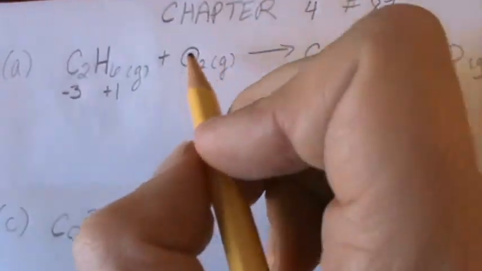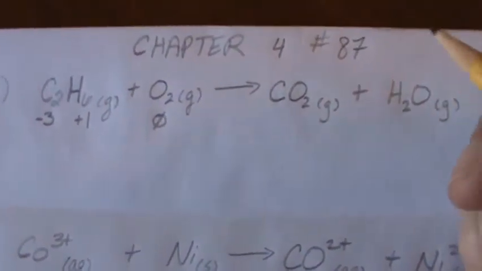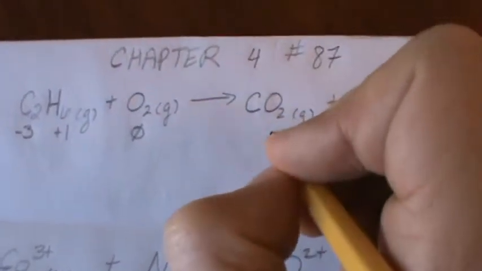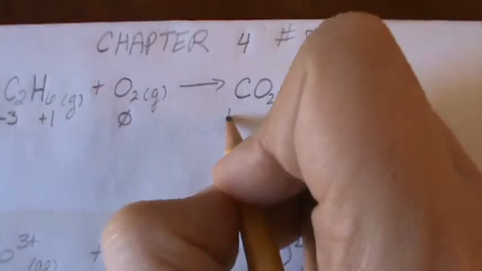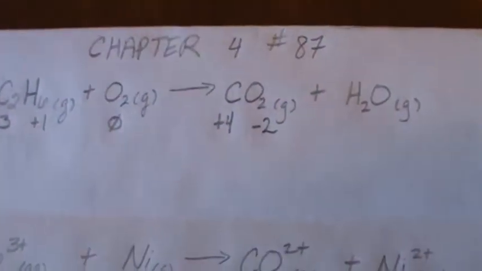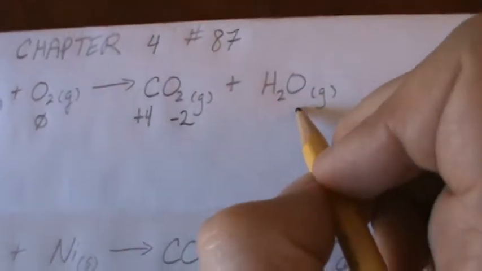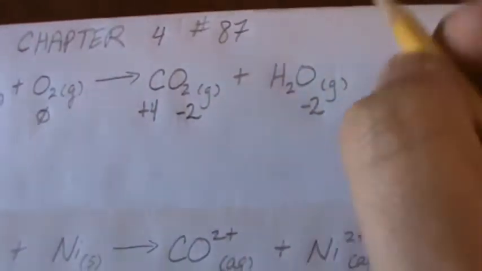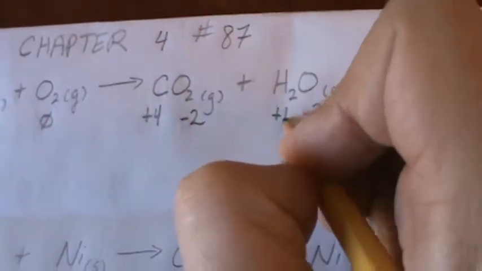Our oxygen is in its elemental state, so it has an oxidation number of 0. In CO2, the oxygens are -2, and there are 2 of them, so the carbon has a +4. The water will be -2 for oxygen again, and each hydrogen will be +1.